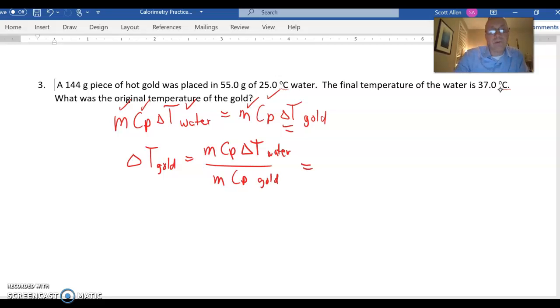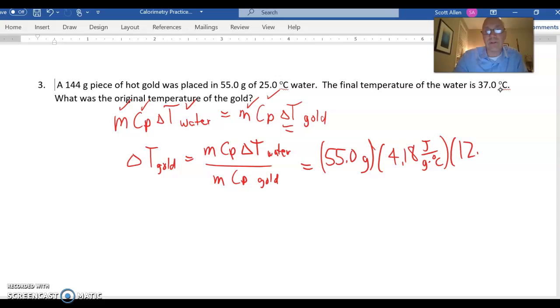So let's fill in what we know. The mass of the water is 55.0 grams. The specific heat of the water is 4.18 joules per gram per degree Celsius. And the change in temperature of the water is 37 minus 25, that's going to be 12. Notice it's going to be 12.0 degrees Celsius because we've got that figure as being significant and that figure is significant, so we round at that position right there.